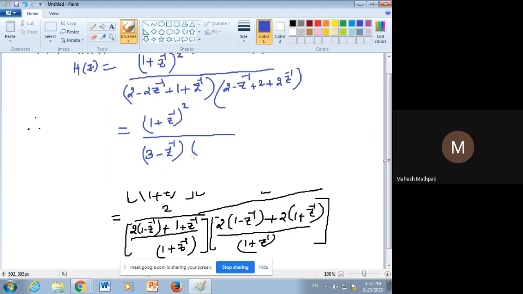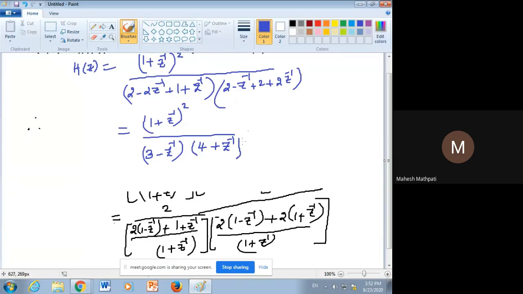And how much can we write for this? What I can write for this? Four plus, and minus plus z inverse we can write here.